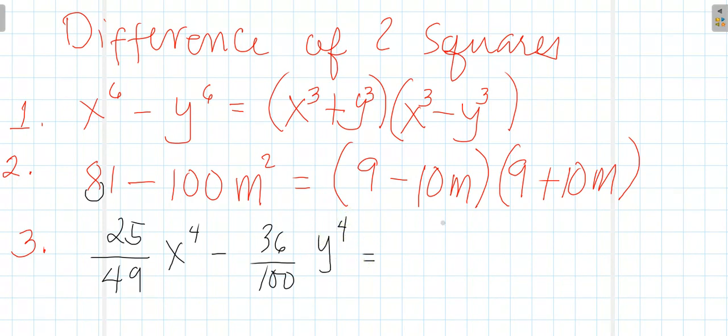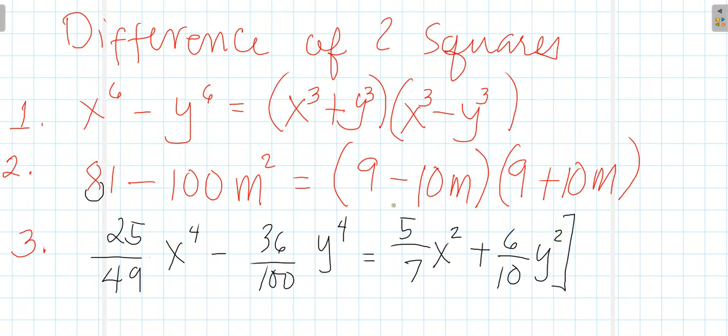So what is the factor? So get the square root of 25. We have 5 over 7 x squared plus 6 over 10 y squared.